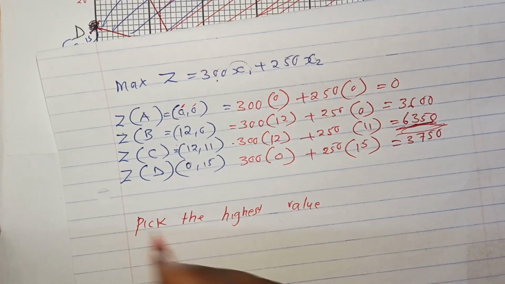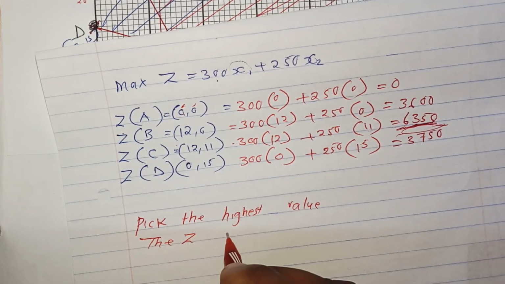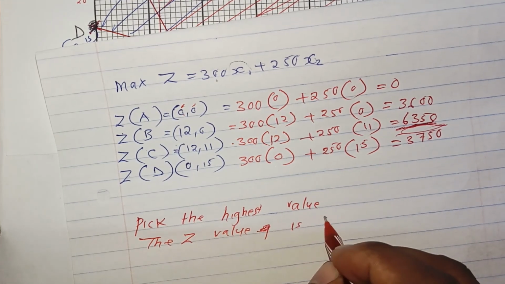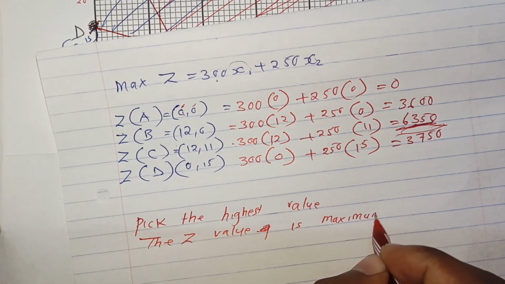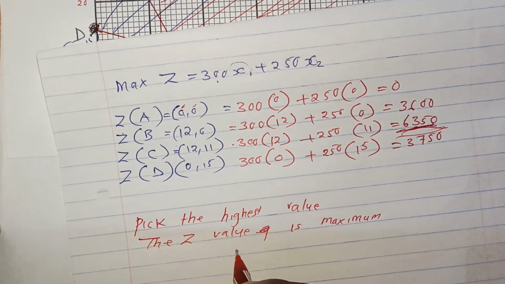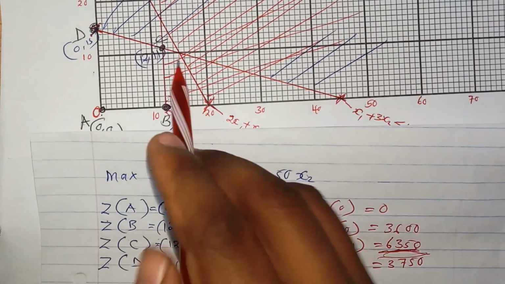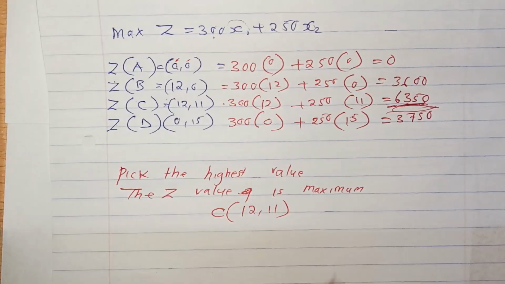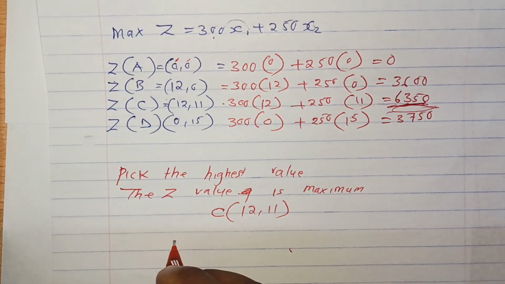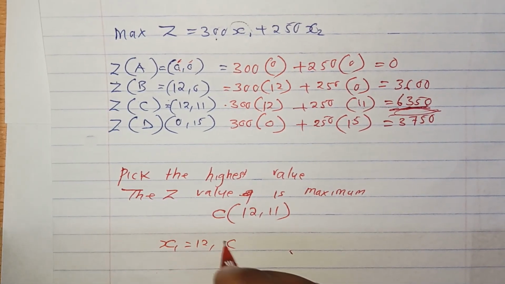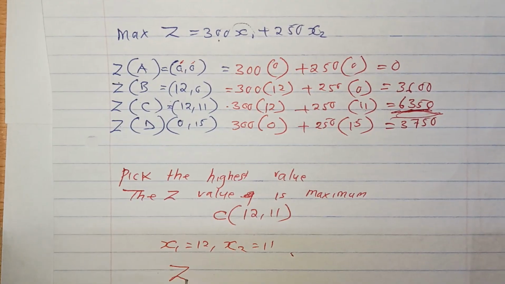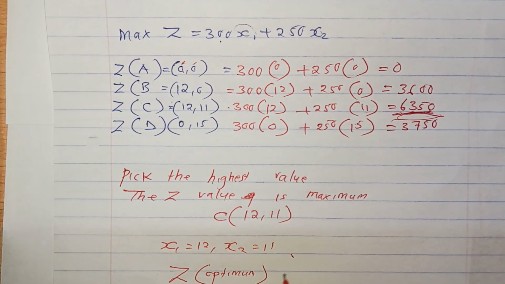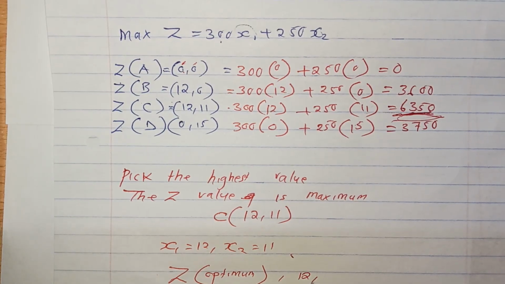So the z value is maximum for the corner point C, which is this one, 12, 11, whereby x1 is equal to 12, x2 is equal to 11. So the optimum is at 12, 11.